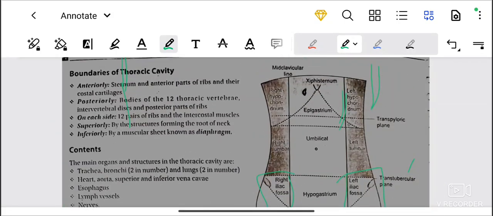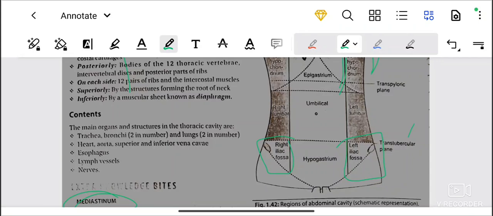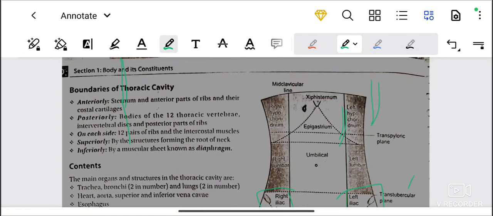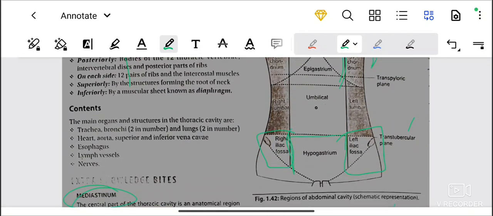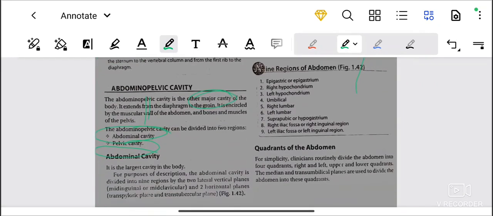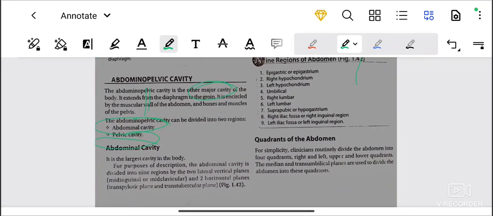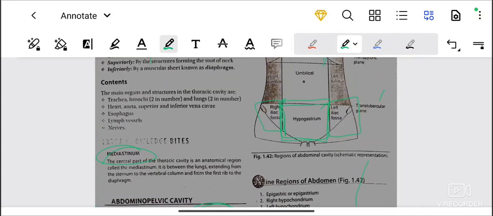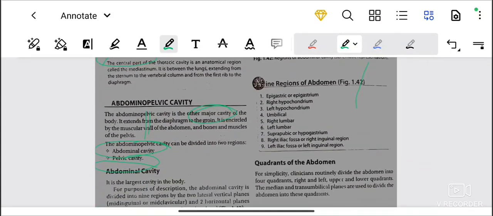And below the umbilical region, in between the left and right iliac fossa, we can see the hypogastrium, also called the suprapubic region.